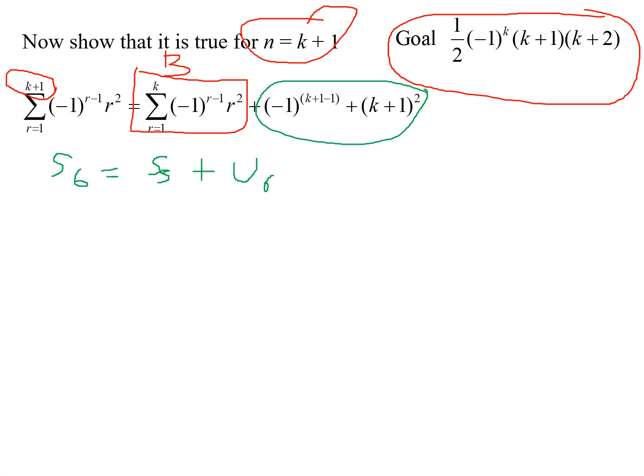So next, what you need to do is make sure that the addition of this red box and this green circle actually gives you the goal, right? So there's some algebraic modification required here. So we substitute this from part B, and then add this part here, which is the green part.